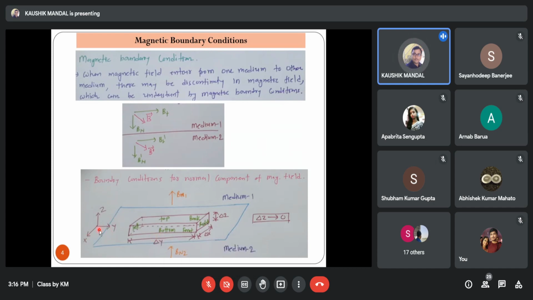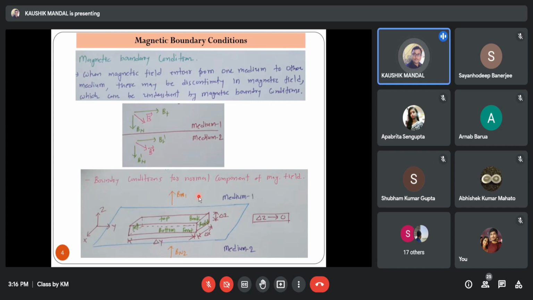Obviously this is the x-axis, this is the y-axis, and this is the z-axis. Now we consider that the magnetic field is traveling from medium 2, where the normal component is Bn2, towards medium 1, where the normal component is Bn1.